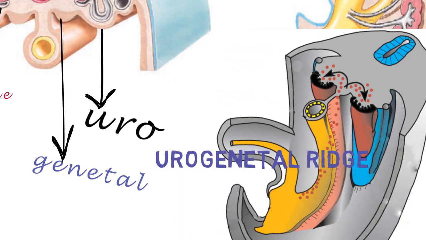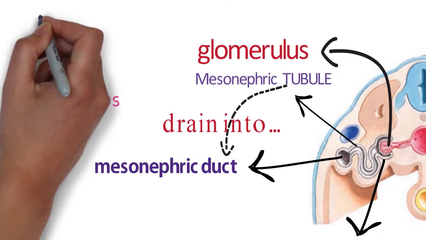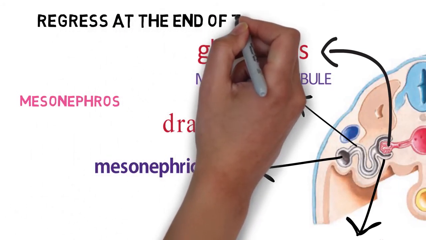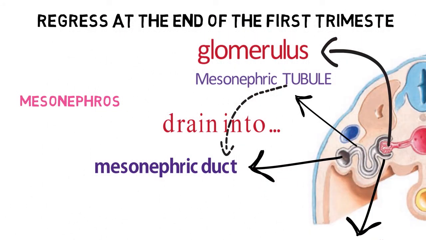The development of the urinary system and the development of the genital system are very much interlinked, and this is also due to their approximate position. Mesonephros regress at the end of the first trimester, or as I have told you, there is no more mesonephros at about the 9th week.